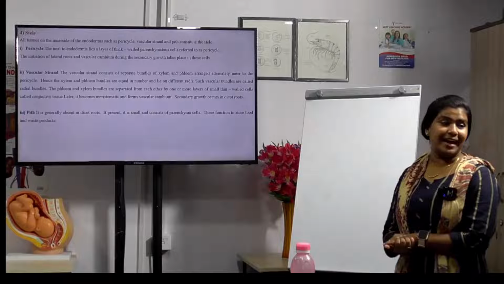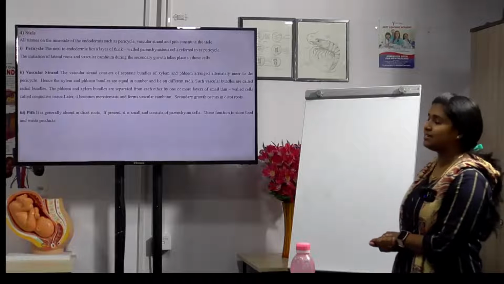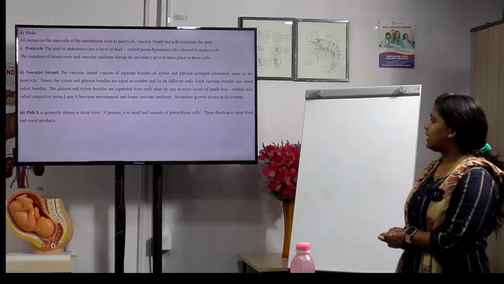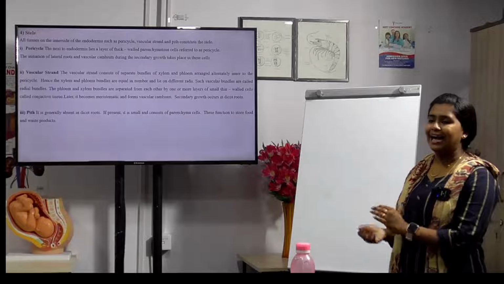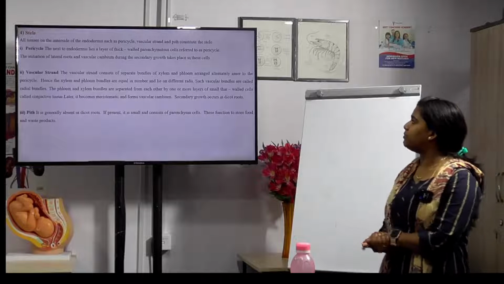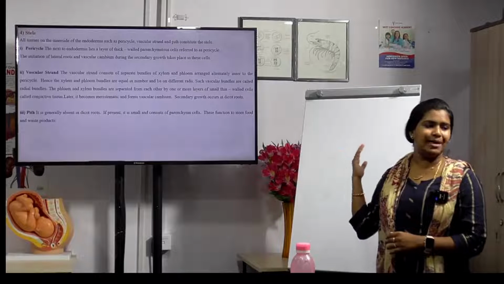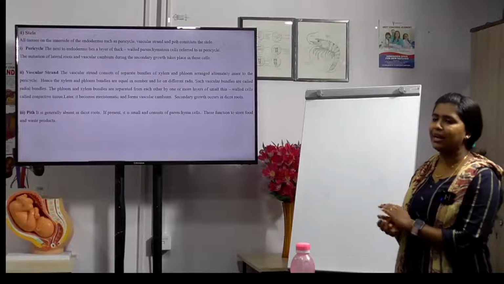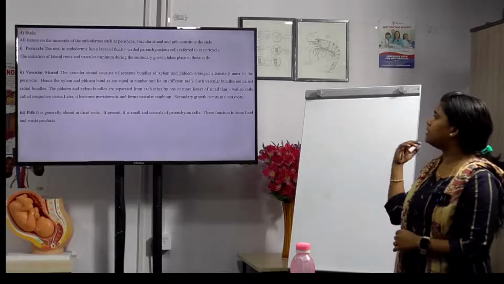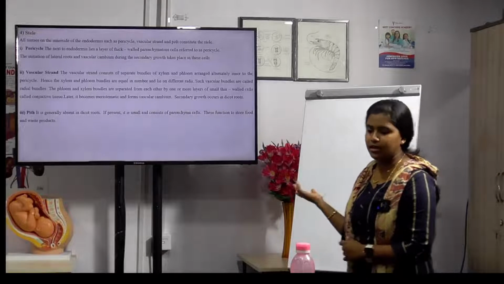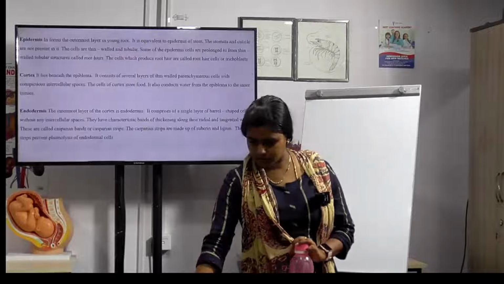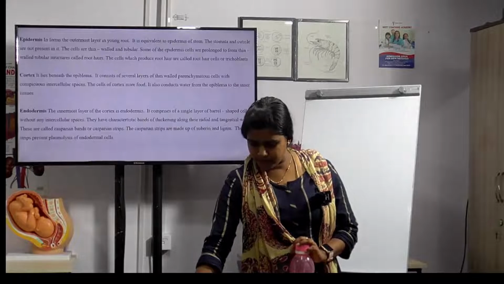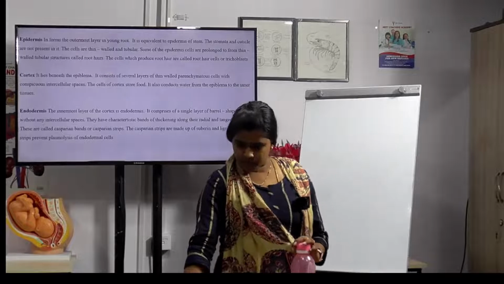Next to the endodermis lies a layer of thick walled parenchymatous cells referred to as pericycle, and the initiation of the lateral roots and the vascular cambium during secondary growth takes place in these cells. Vascular strand consists of separate bundles of xylem and phloem arranged alternately to the pericycle. இப்போ என்ன படிக்கிறோம் நம்ம?